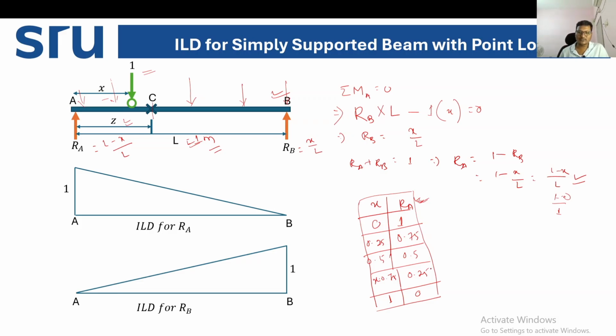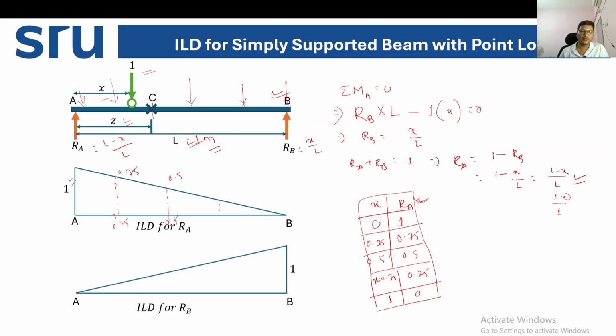If you draw these values, if you connect these values, at A, X is equal to 0 means on the point A, what is the value? That is 1. At point 0.25, at 0.25, what is the ordinate? 0.75. X is equal to 0.5, so this ordinate is 0.5.